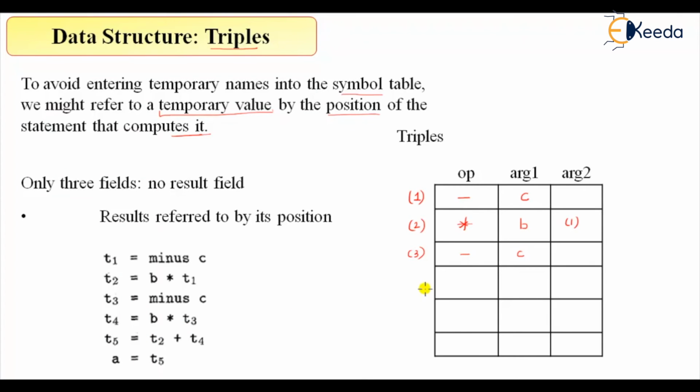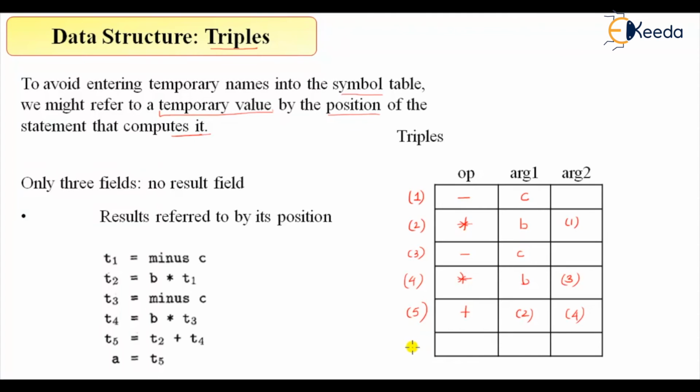Then there is t4, fourth position, a multiplication of b and position number 3, t3, and let's call it position number 4. Then let's have a plus with t2 as an argument, that is position number 2, and t4, that is position number 4, and let's call it 5.